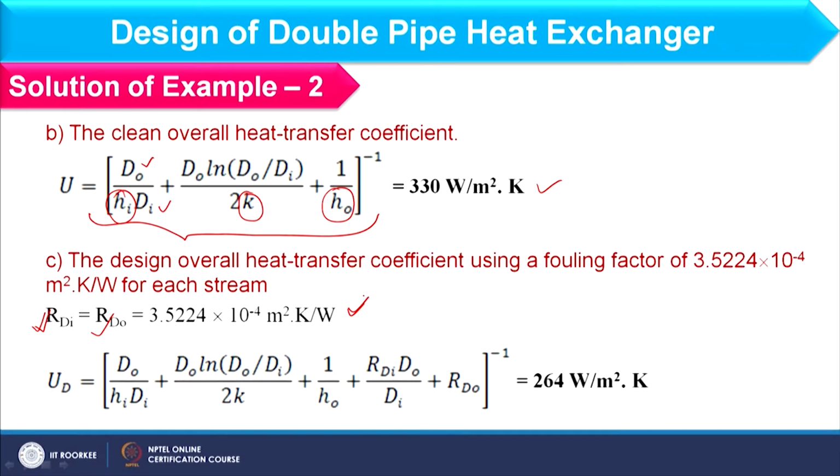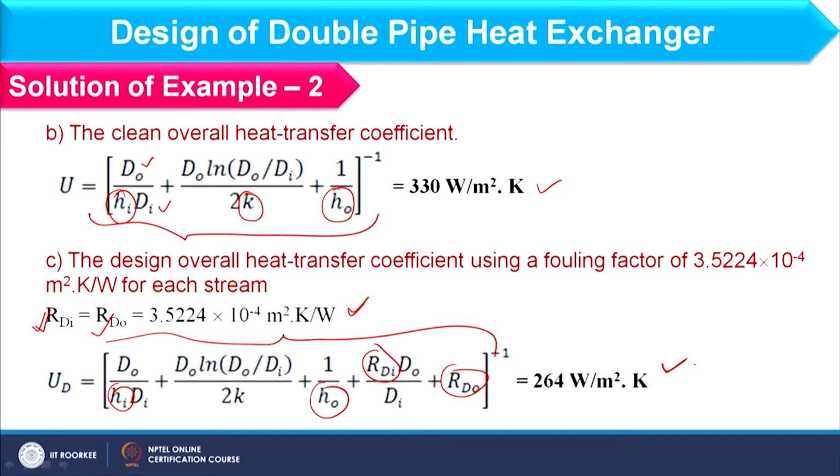So, considering this value and HI and HO and the diameters of both sides and the thermal conductivity of the material, you can find out the overall heat transfer coefficient. And in this overall heat transfer coefficient, we are using all 5 terms, where RDI and RD naught are given to me, and the overall heat transfer coefficient we can find as 264 watt per meter square Kelvin.